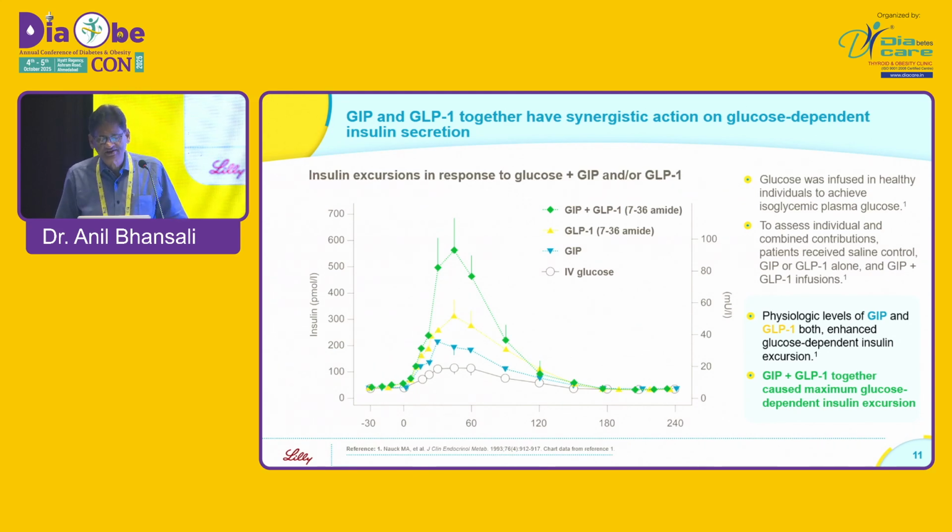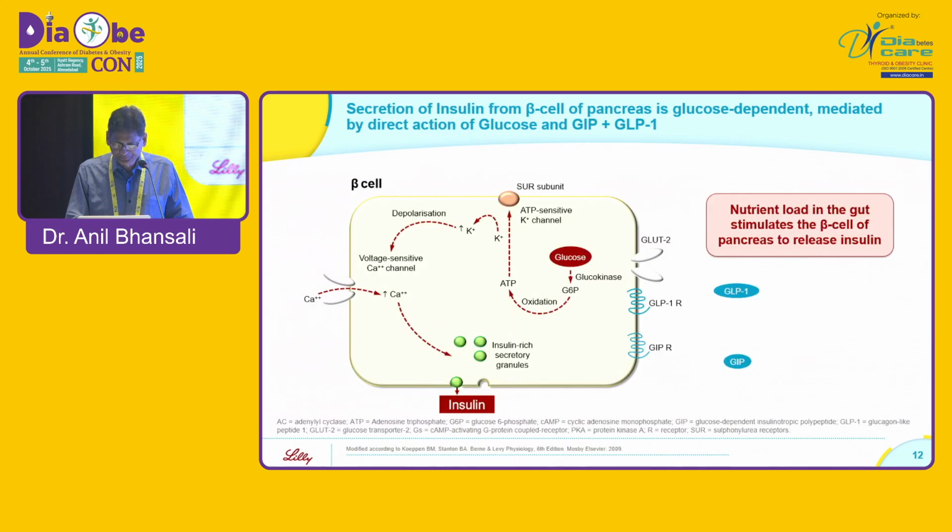So when they act synergistically, you have a maximal insulin response to nutrients. The post-meal hyperglycemia is better counteracted by a good incretin response.